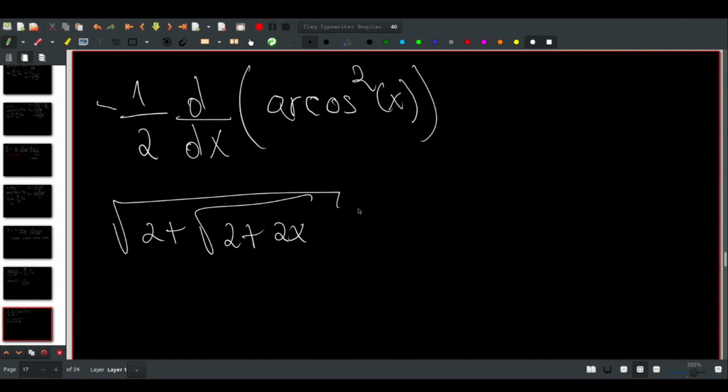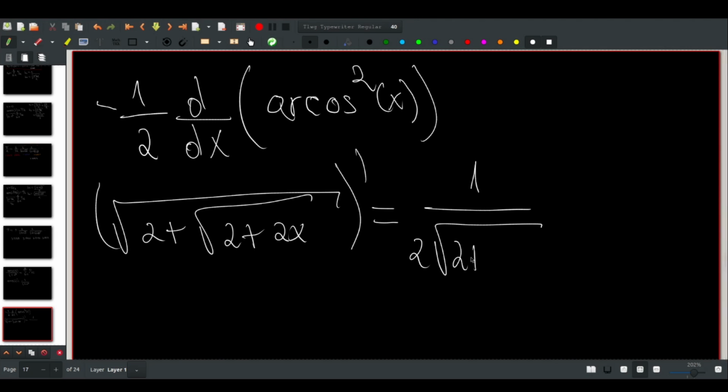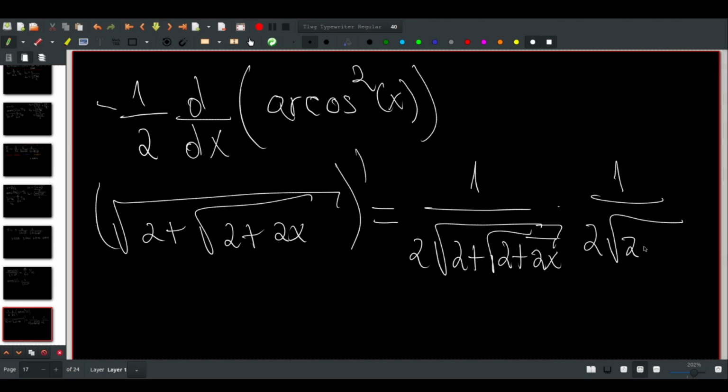So great. Well, I'm just going to ask what is the derivative of this generically? The derivative of this is 1 over 2 times the root of 2 plus 2x, times 1 over, now we need to evaluate the internal derivative, that is 2 over 2 times the root of 2 plus 2x, times 2, because of the final internal derivative. Okay, so we get an expression that looks very similar to the one we had, right?